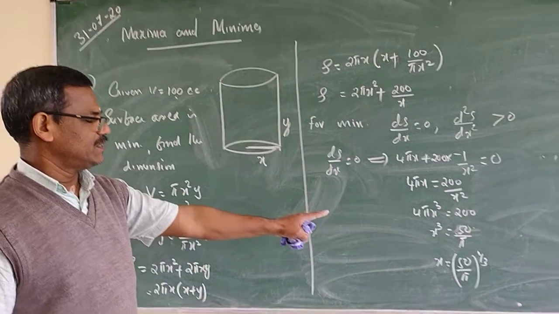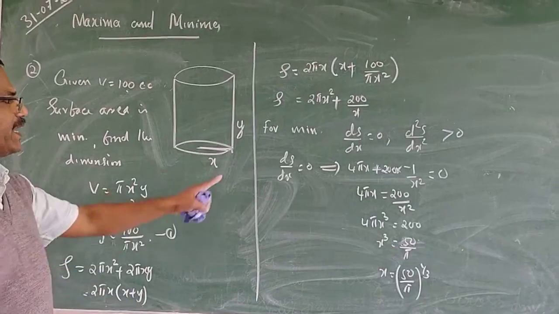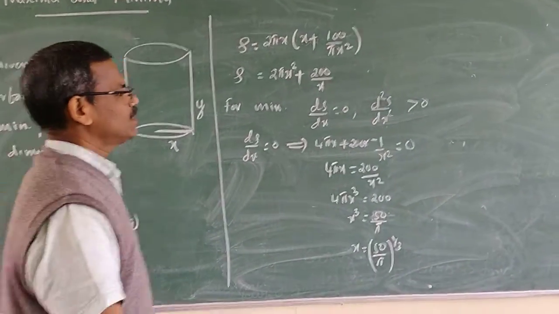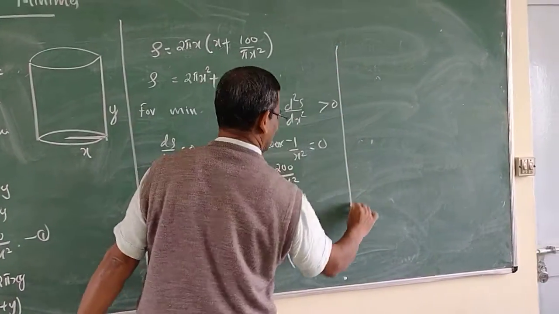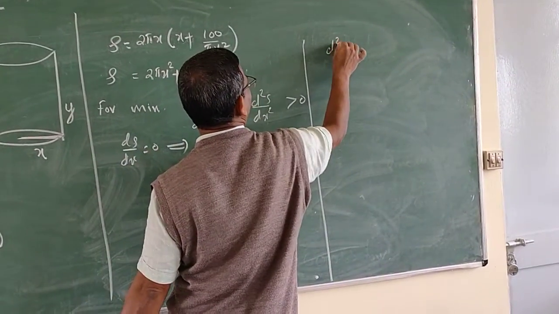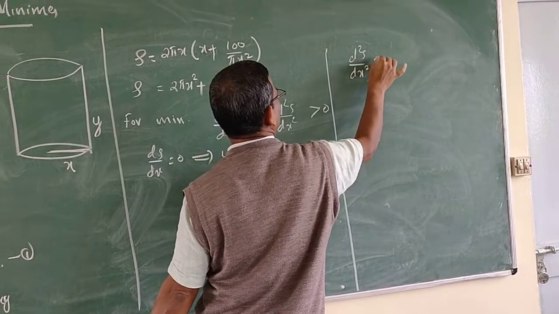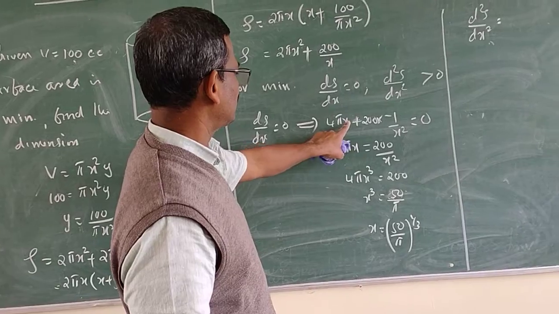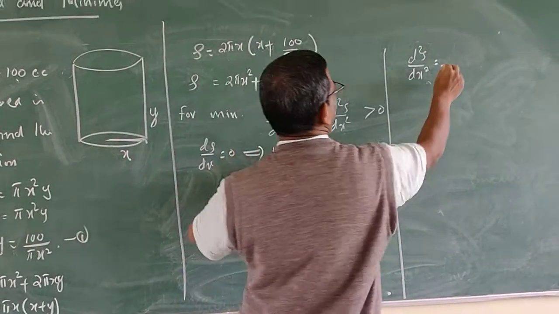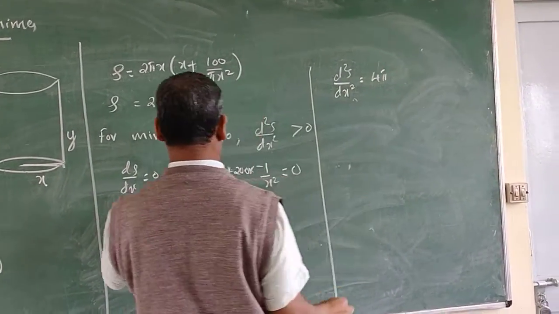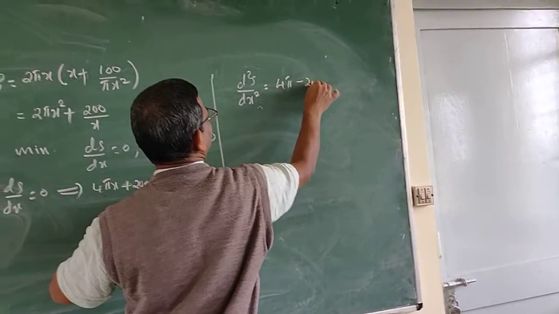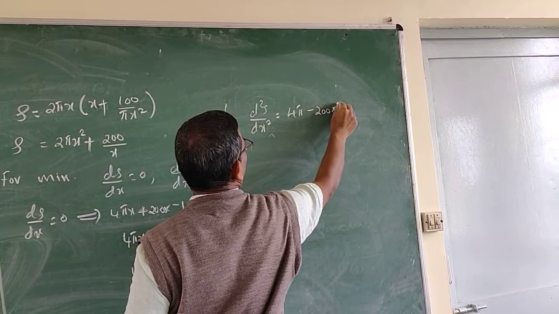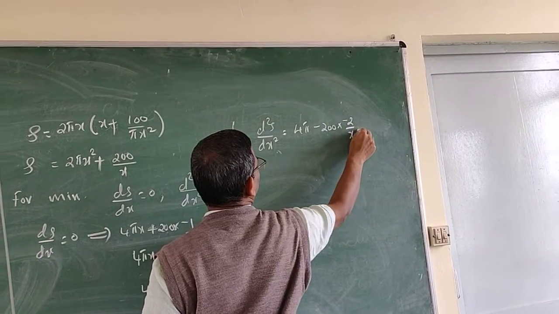Again, we got this value of x by taking ds by dx is equal to 0. It can be a maxima also. So there you need to check the other portion, that means d square s by dx square. This is the first derivative: 4 pi, then minus 200 into 1 by x square, derivative is minus 2 by x cube.